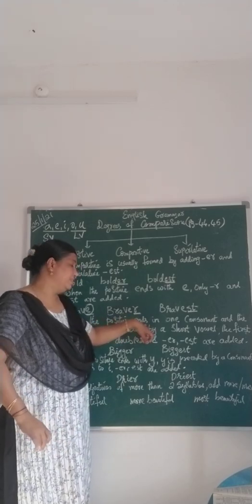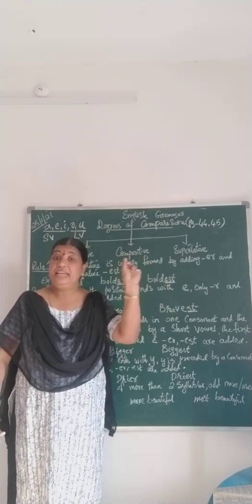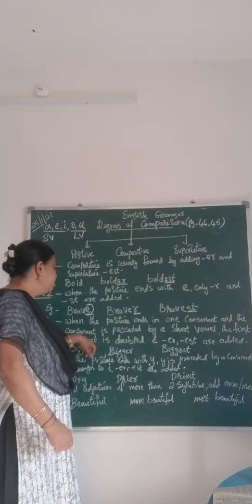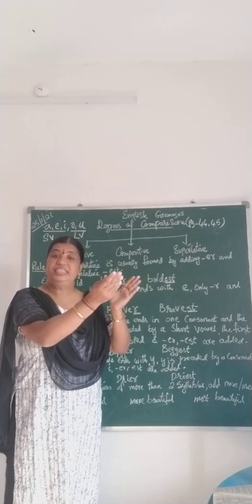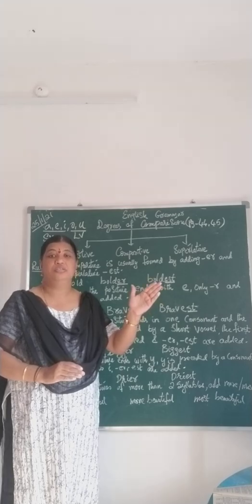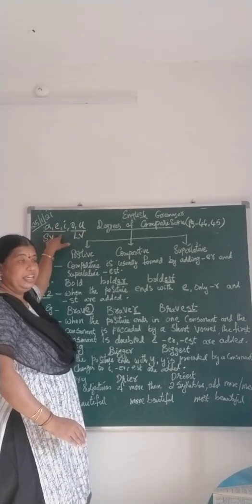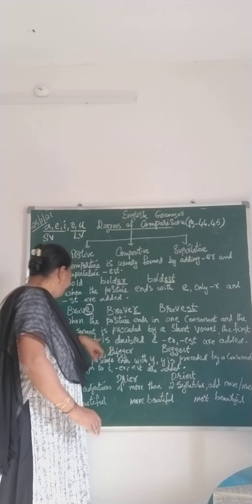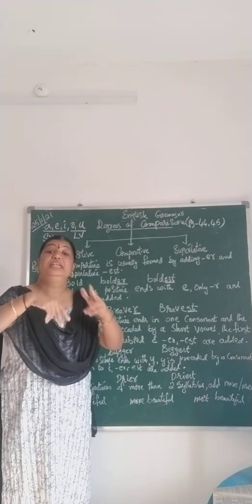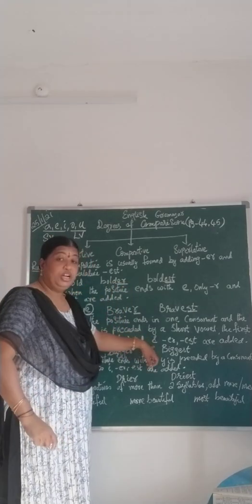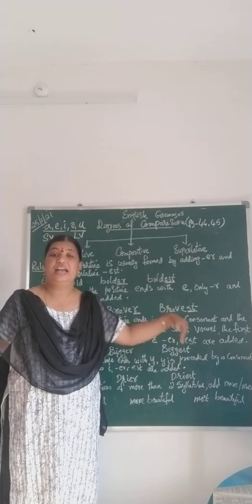When the positive ends, meaning an adjective is ending with one consonant, and the consonant is preceded by a short vowel, that means before the consonant there is a short vowel, either A, E or I, then the last consonant is doubled, written 2 times, and ER and EST will be added.